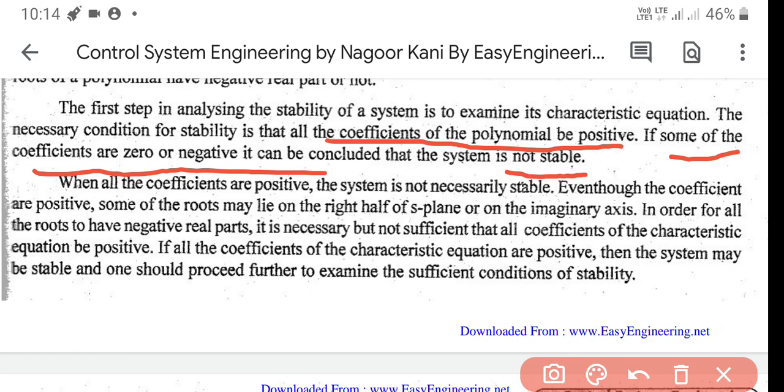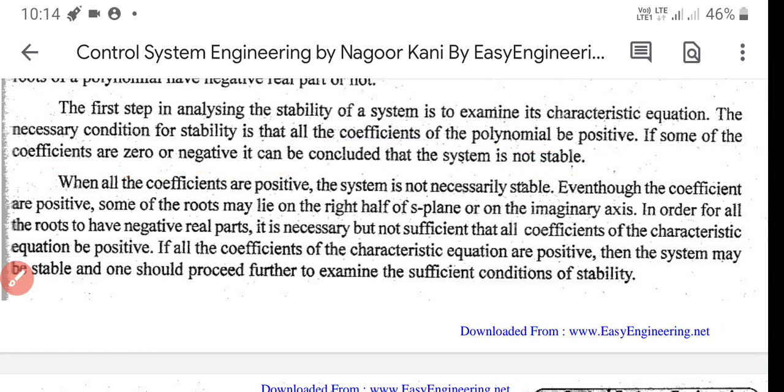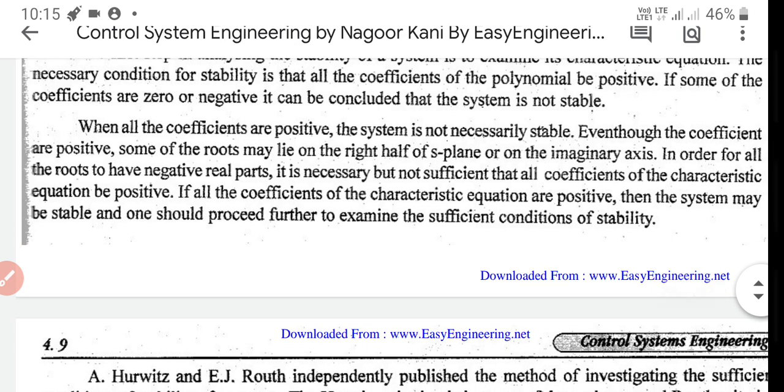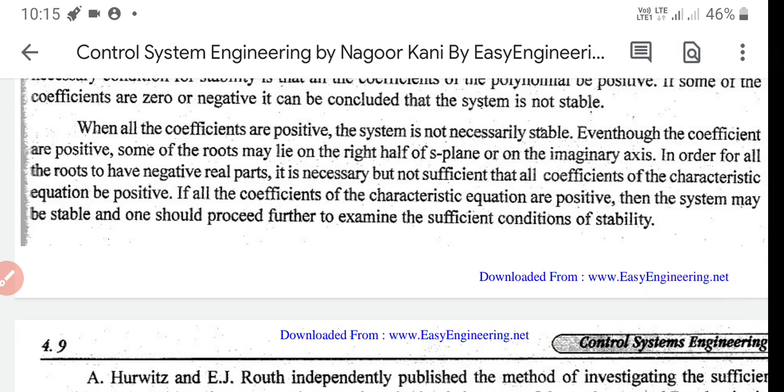So for the given transfer function, you find the stability based upon the coefficients of the given polynomial. If all are positive, it is a stable system. If any one coefficient is 0 or negative, the system is not stable.